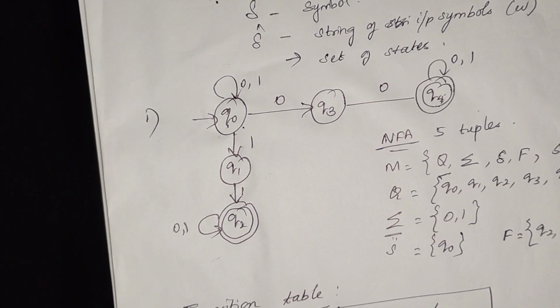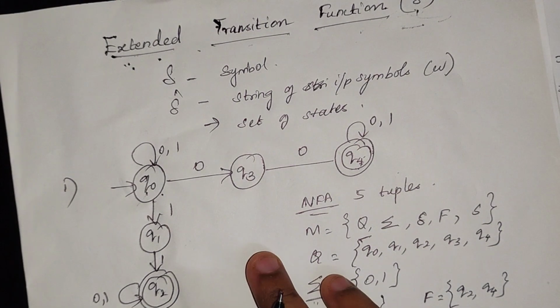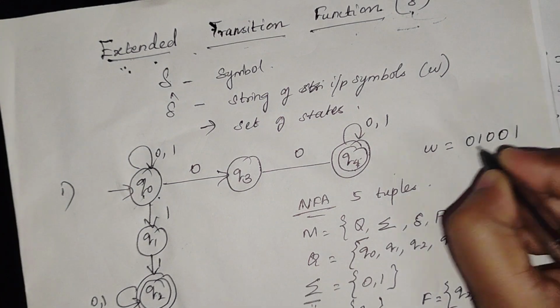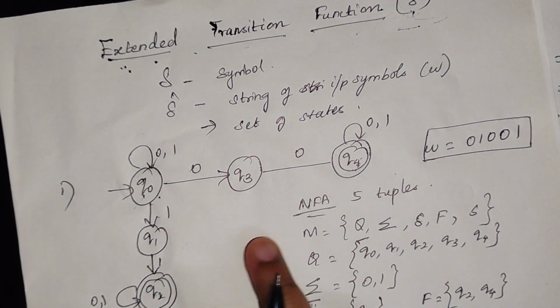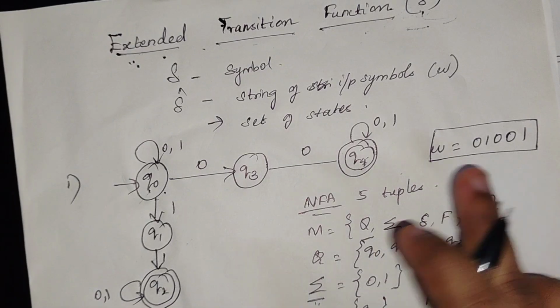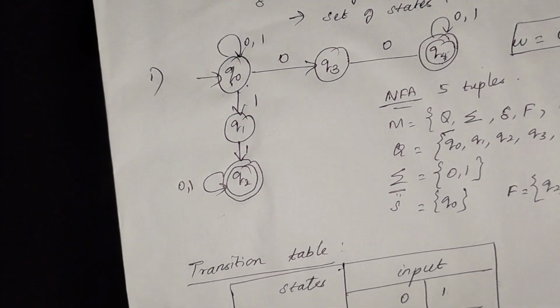Next we are going to check whether the string w equal to 01001 is accepted by this NFA, using the extended transition function.